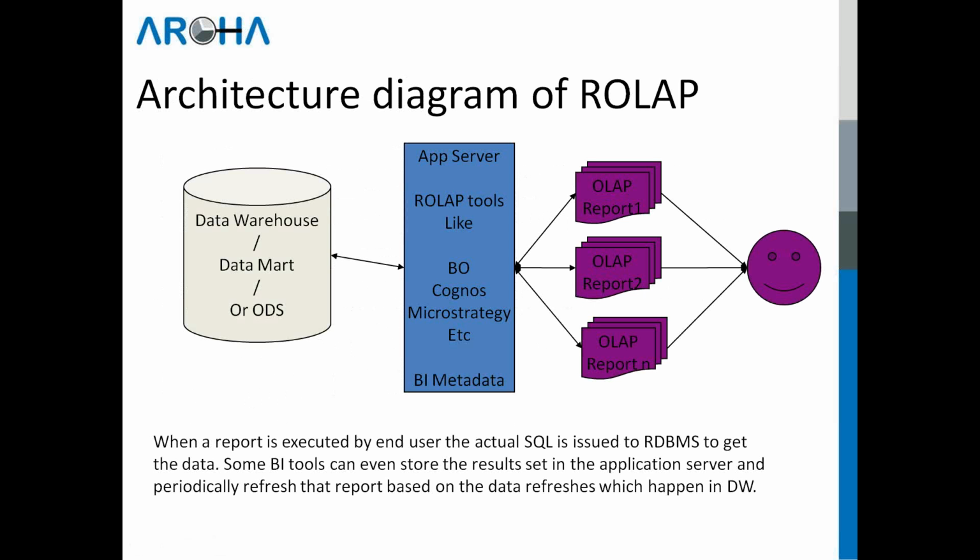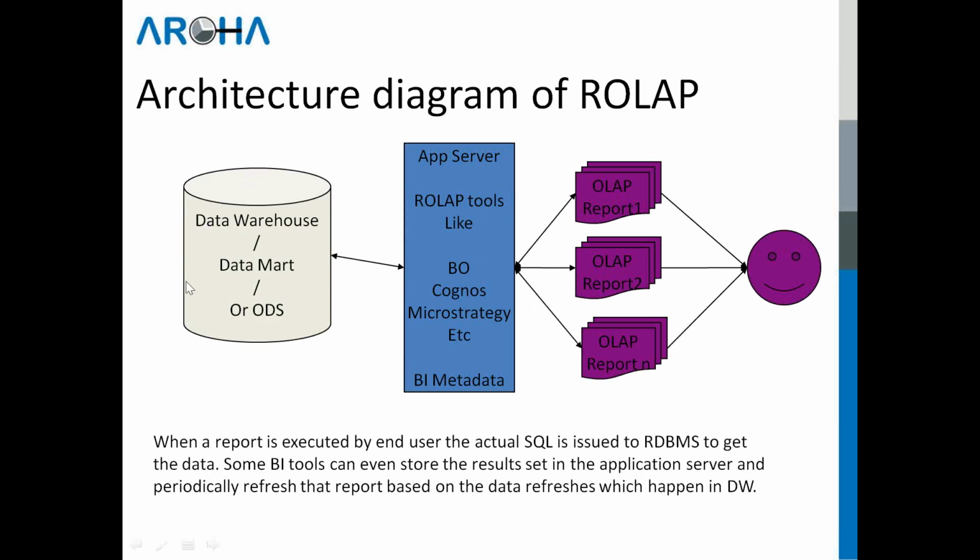This is the architecture diagram of ROLAP. I don't care about ETL right now because I am talking more from the OLAP perspective. What does ROLAP stand for? Relational OLAP. When you say relational OLAP, the data is available in the form of a relational database management system.